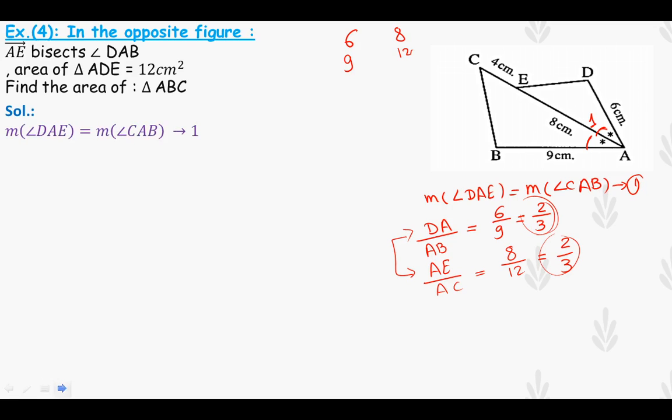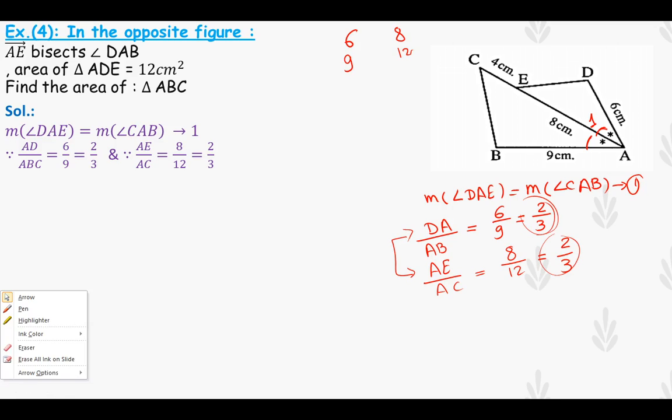First, the measure of angle DAE equals the measure of angle CAB. Angle equals angle. And what about the enclosing sides? AD over AB. So we will erase C. AD over AB equals 6 over 9 equals 2 over 3.